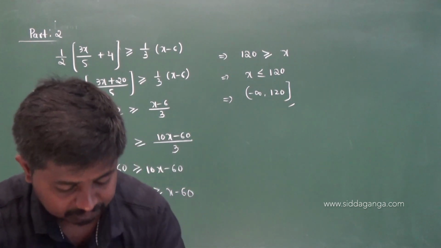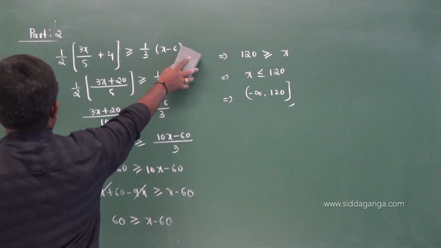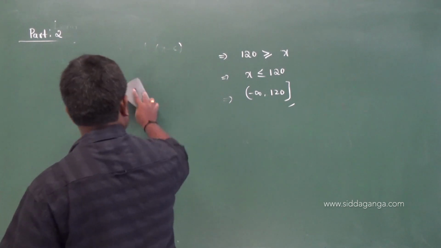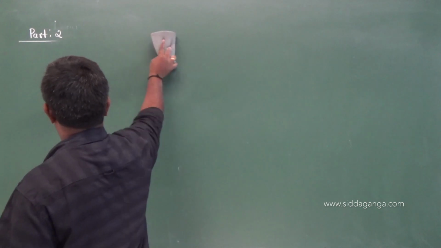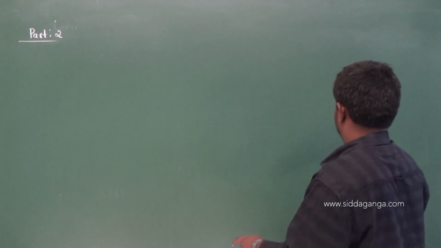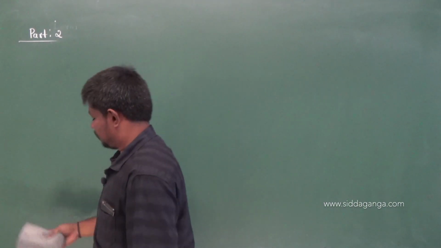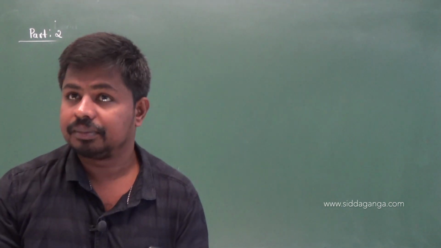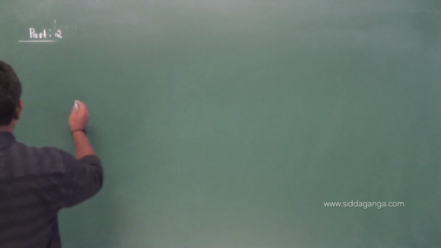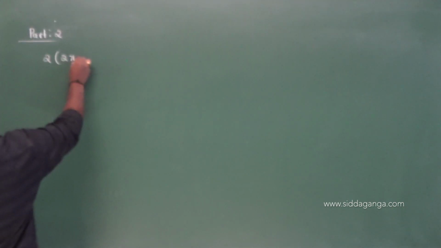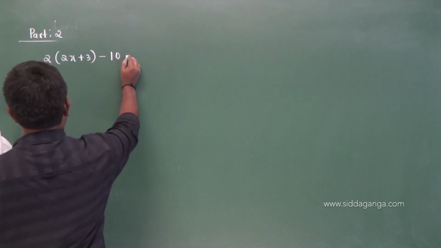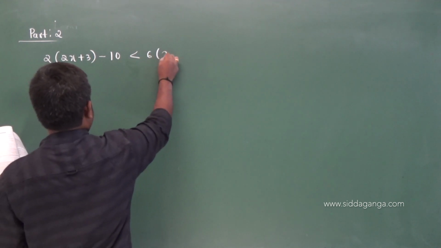Now, let us look into another, different one. The next one, the 13th one, is 2 into 2x plus 3 minus 10 less than 6 into x minus 2.